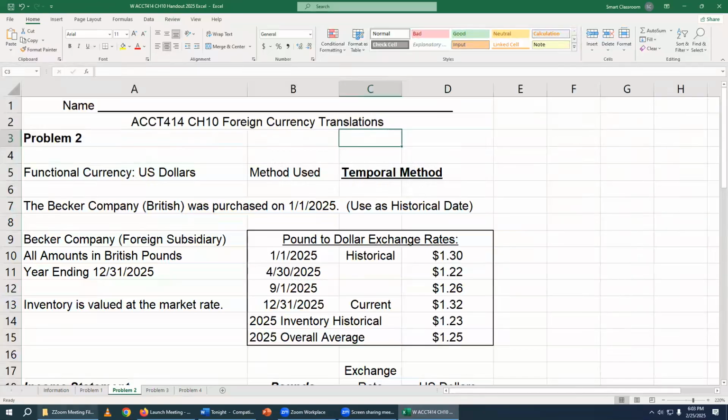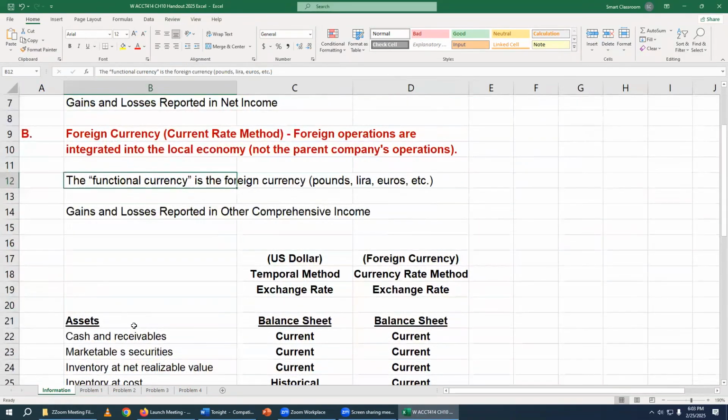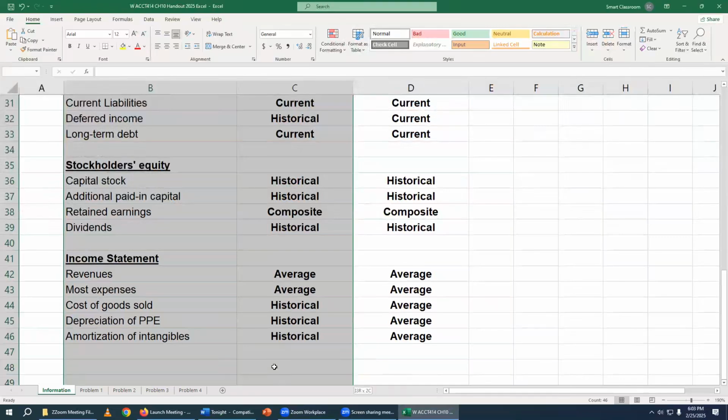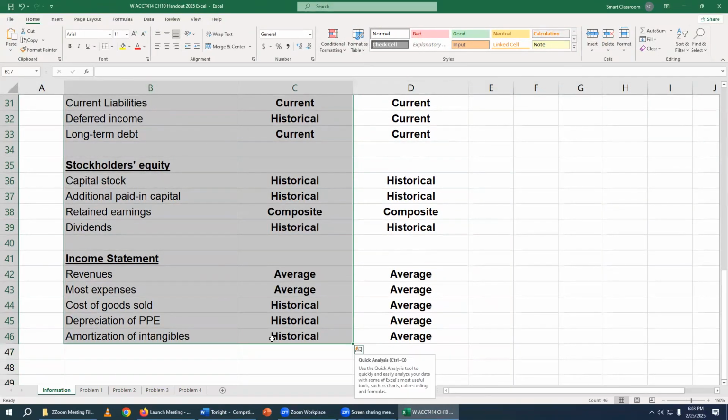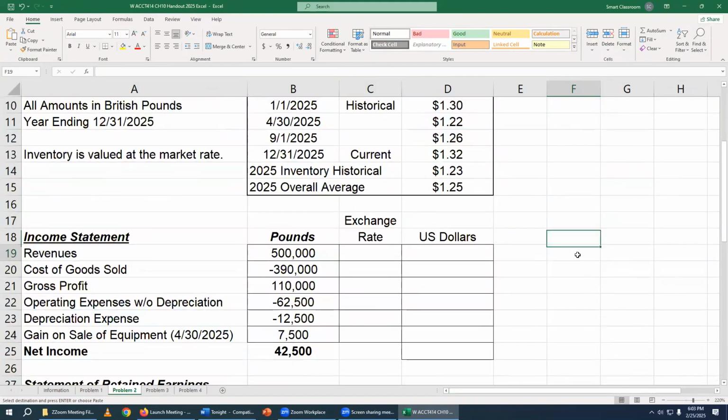Okay, so I'm going to go ahead and copy this. The temporal method. And this one is a little bit more complex than the other one, because basically everything's getting wrapped up.